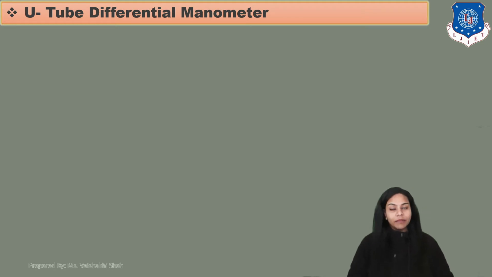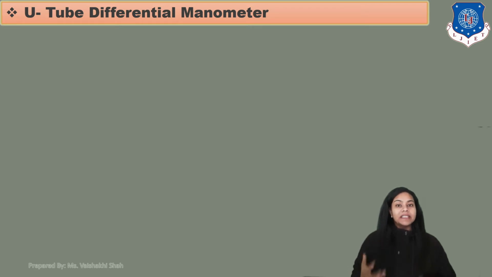As you remember, in a U-tube manometer we connect a U-shaped tube. The shape of the glass tube is U-shape. So we connect a U-shaped glass tube to the pipe where we have to measure the pressure.